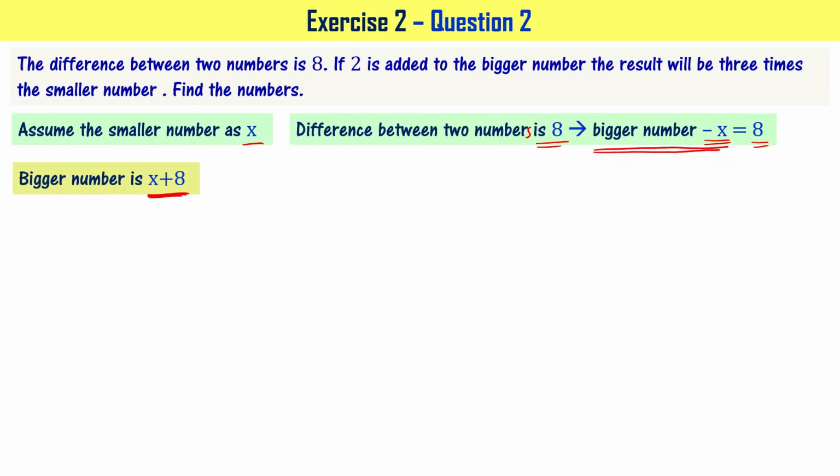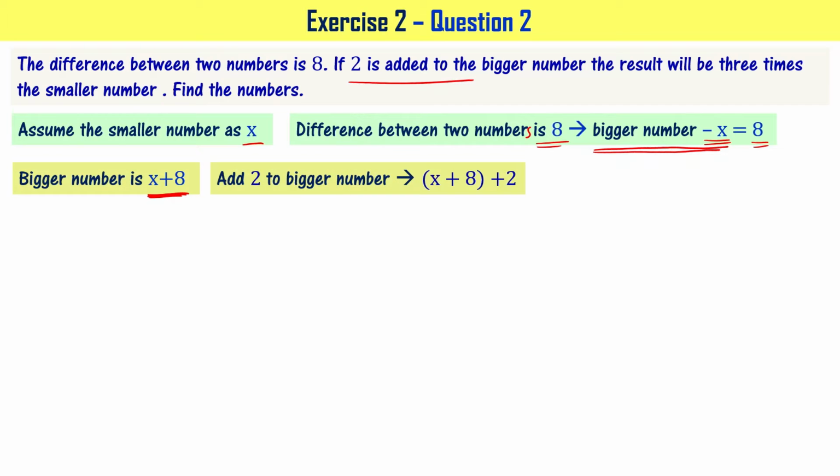Now look at this. 2 is added to the bigger number. Let me add the number 2 to the bigger number. So the bigger number, when 2 is added, you can say that is x plus 8 plus 2, right? That is equal to x plus 10. Now this x plus 10 is equal to 3 times the smaller number, right?